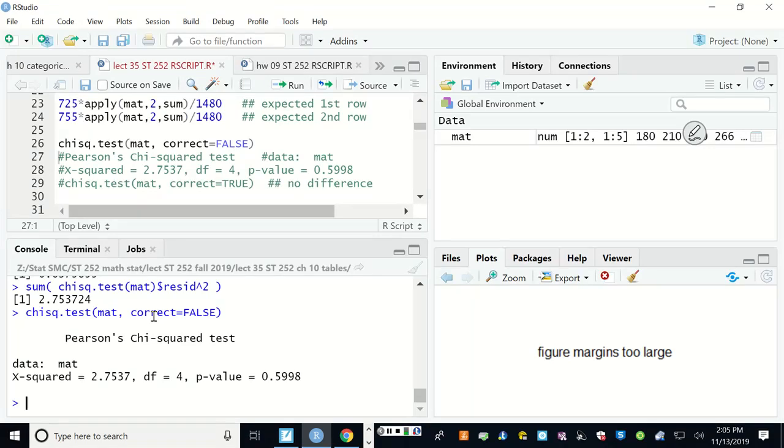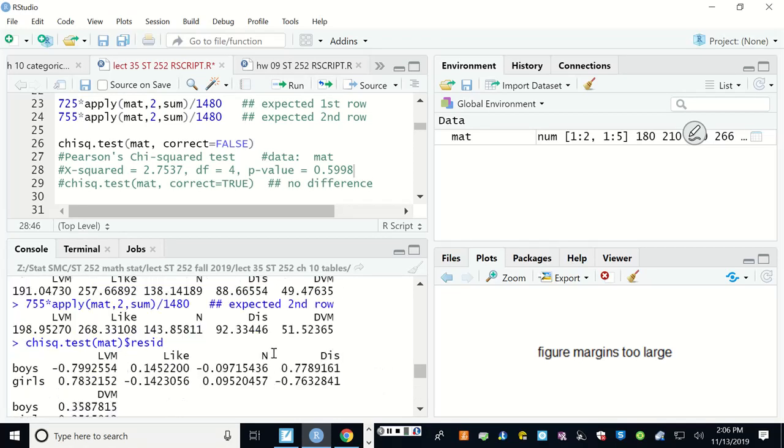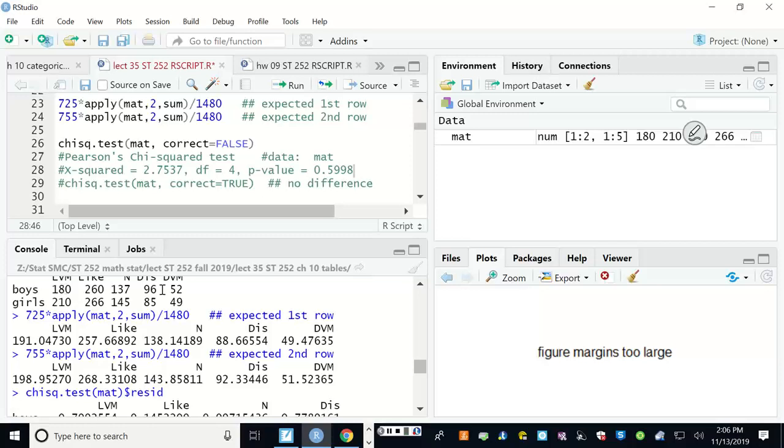And since the p-value is 0.5998, it's not unusual. It's not surprising. So we would not reject independence. The data and the expected values do have some differences.